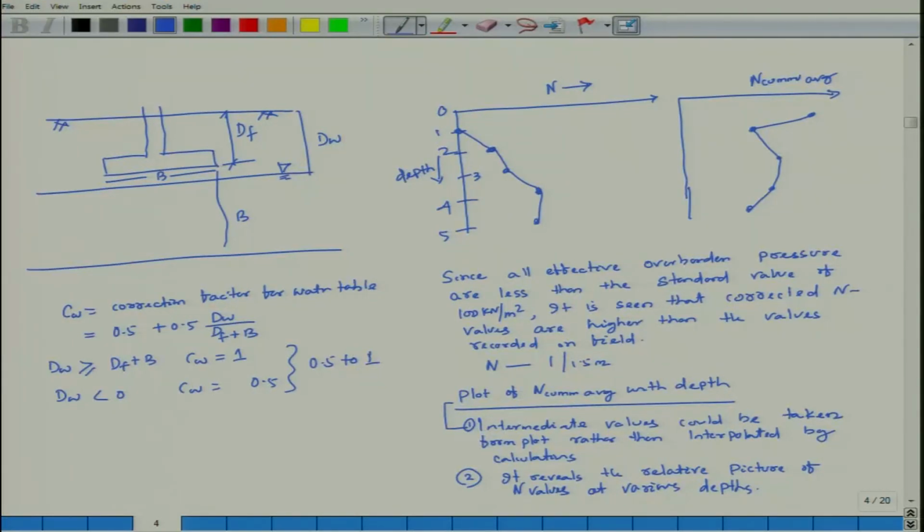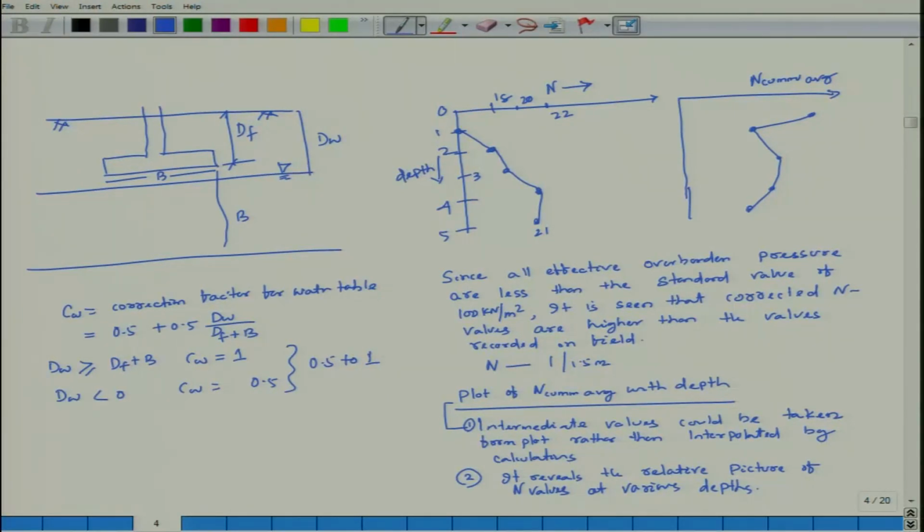First, suppose here at 1 meter it is 0, at 2 meter some value, say 18, at 3 meter say 20, and at 4 meter say 22, here it is 21, as we observe from the field.